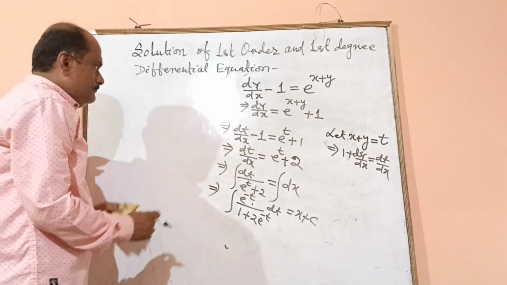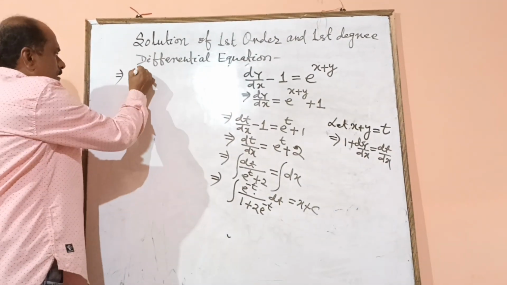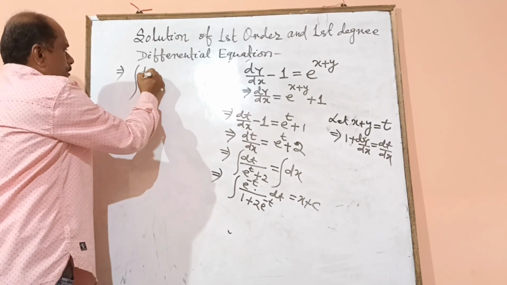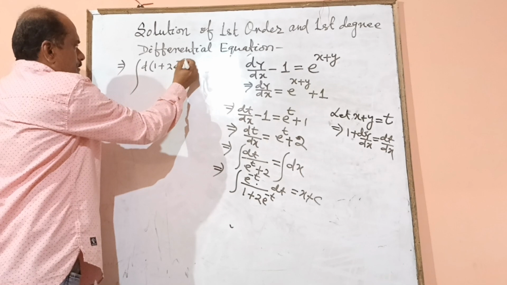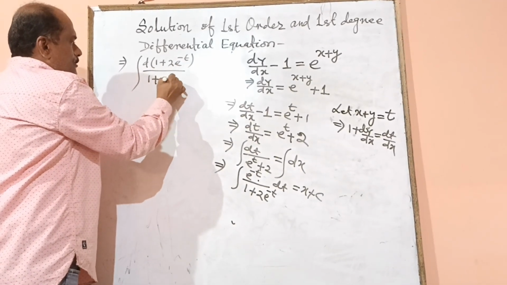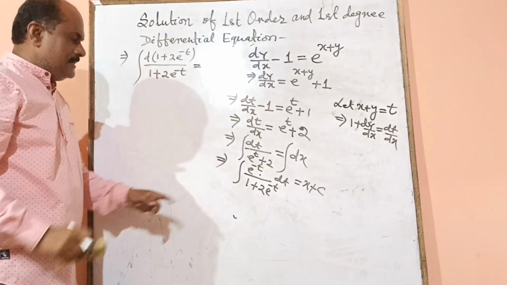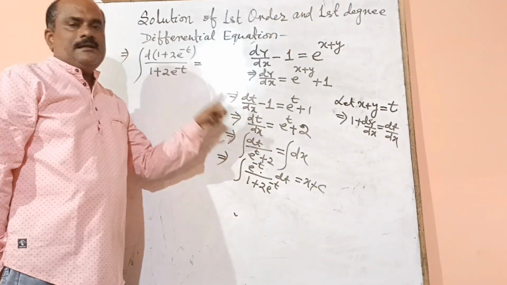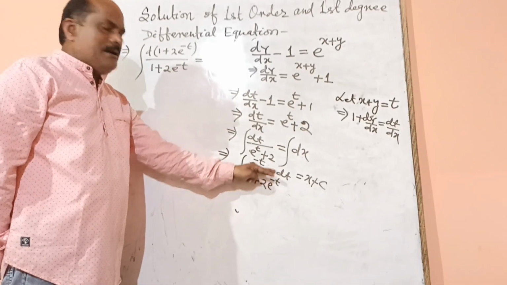Now, derivative of (1 plus 2 e to the power minus t) by (1 plus 2 e to the power minus t). Let's see, what is the derivative of the denominator? Minus 2 e to the power minus t.